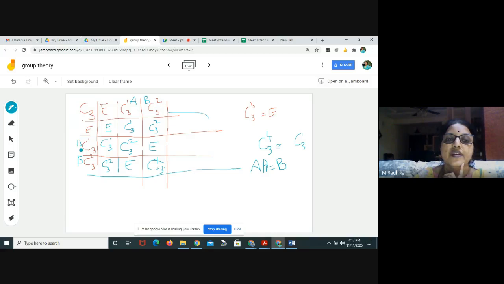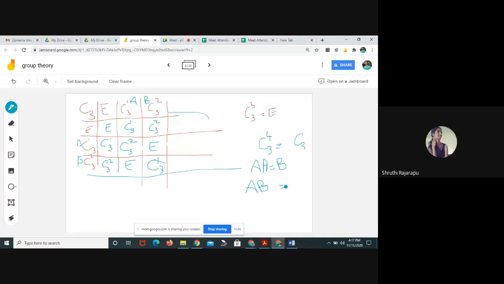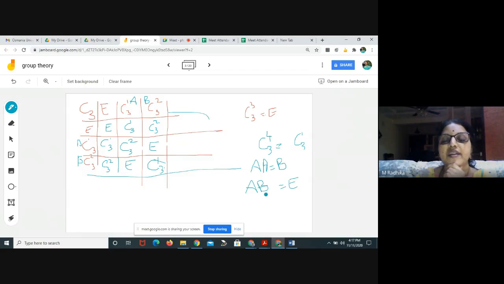A into B you are getting E, or B into A is equal to E. So this way or that way, the commutative rule is there. And what else are we telling? A into A is B, so this is not an inverse of itself, right? Whenever it is commutative, you call these groups abelian groups.